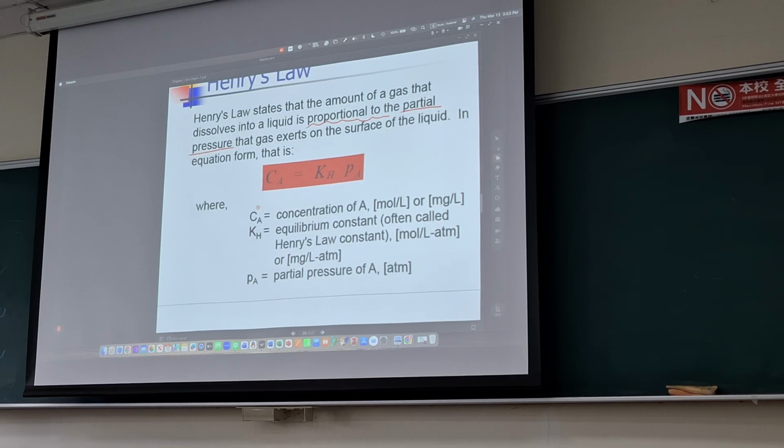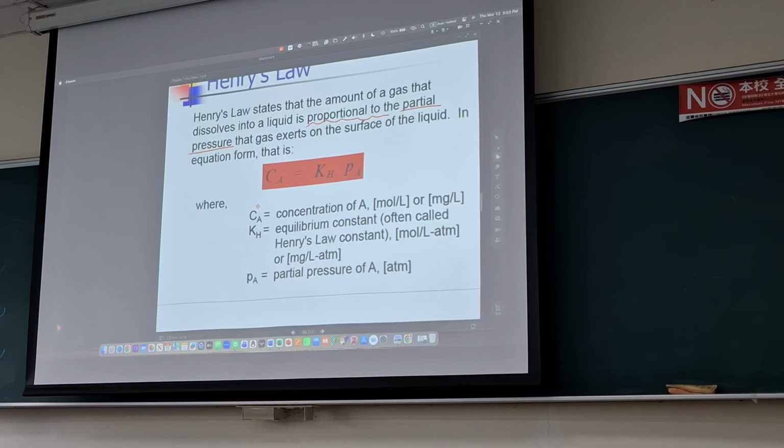So the Ca here stands for concentration of A. And the Kh is the equilibrium constant, often called Henry's law constant. And Pa stands for partial pressure.